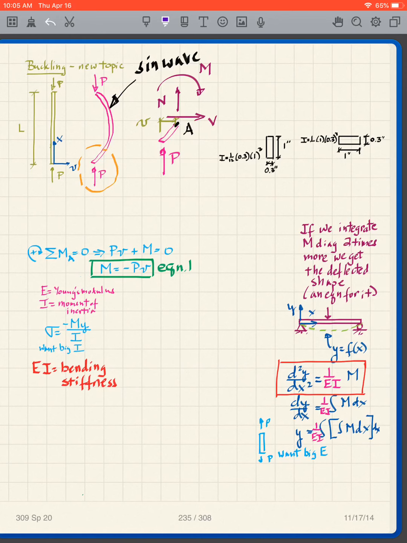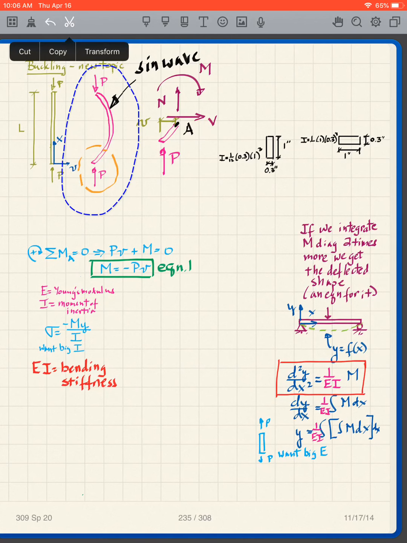In other words, if I were to rotate this 90 degrees, what would we see? Okay, one more time.